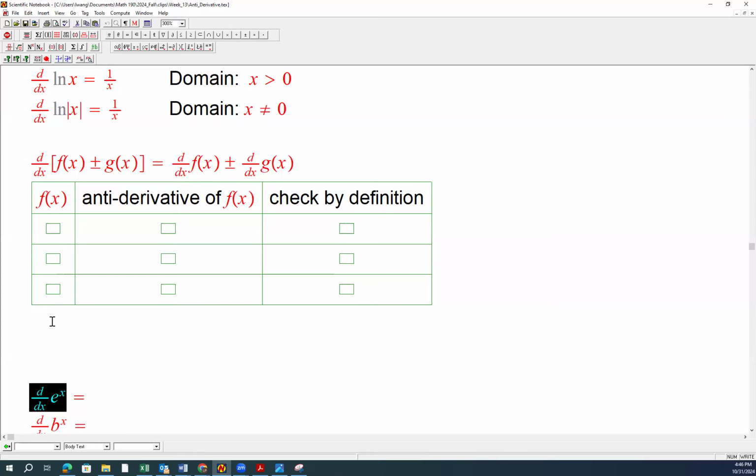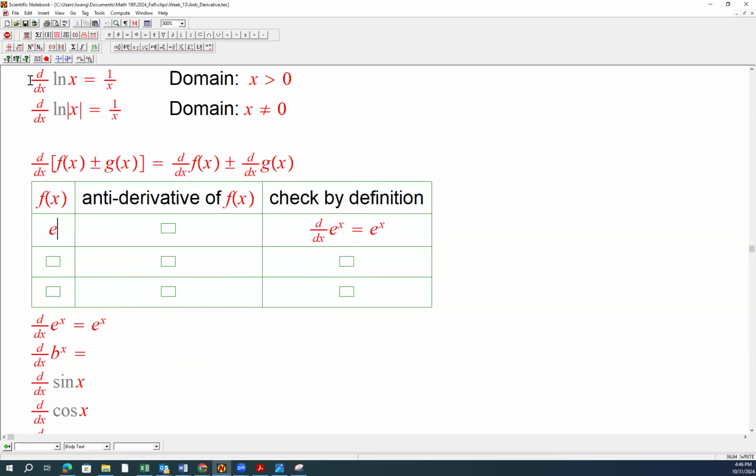The derivative of e to the power x is e to the power x. Because of this, if we have a function e to the power x, its antiderivative is also e to the power x, no problem. And how about the derivative of b to the power x?